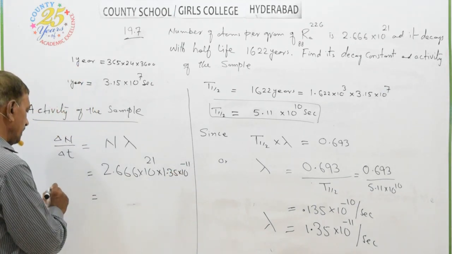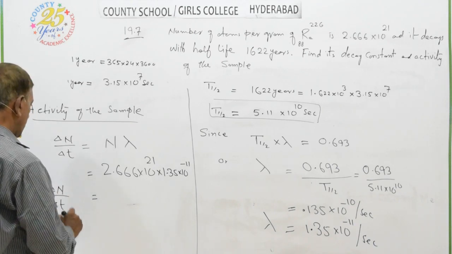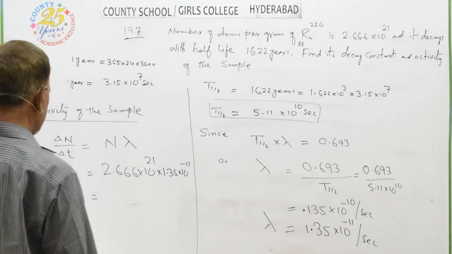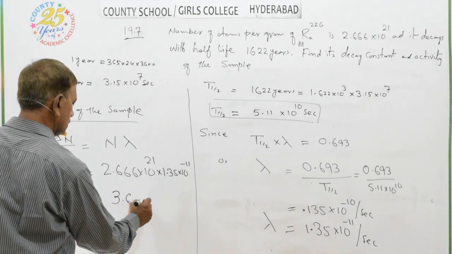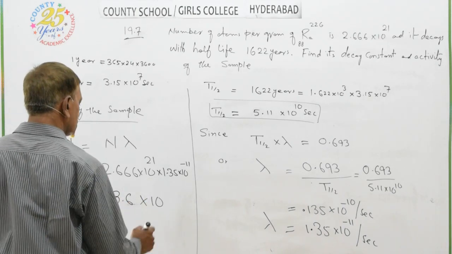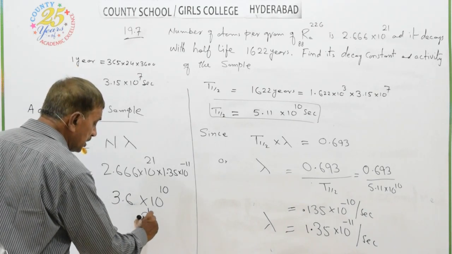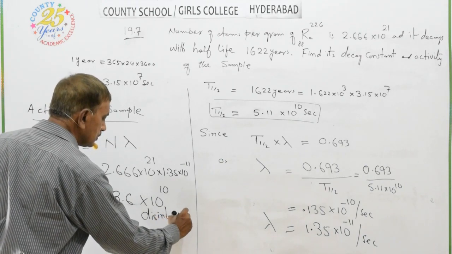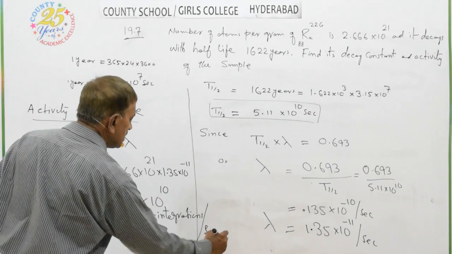So that will be the activity of the element radium, which is 3.6 into 10 raised to power 10. The unit will be disintegrations per second.